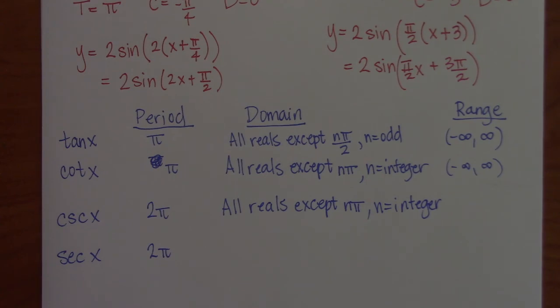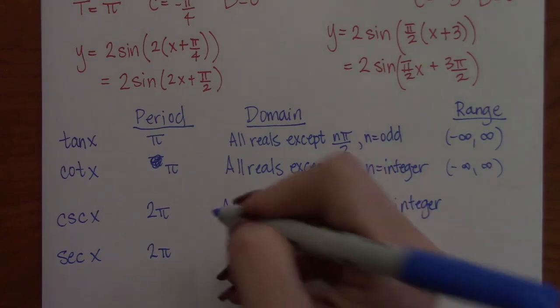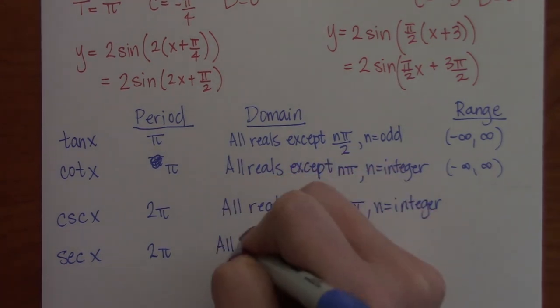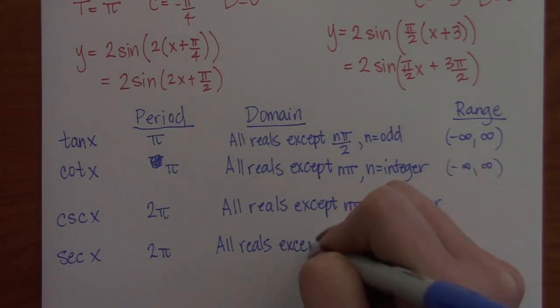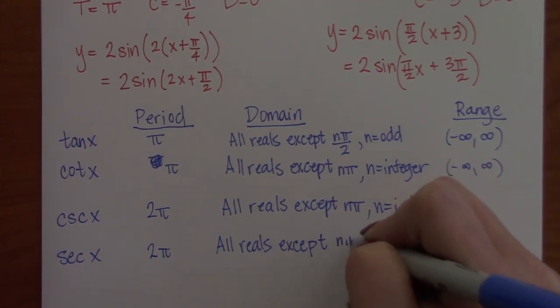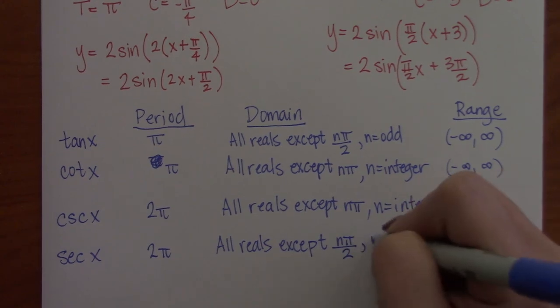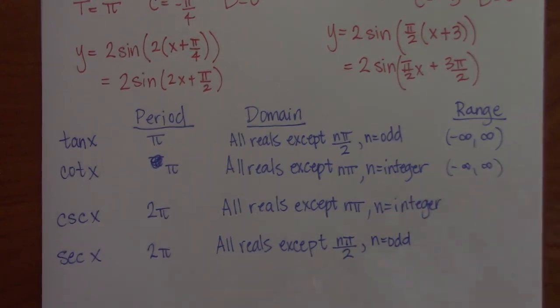And so that also means on a secant graph, it's all reals except the places that cosine is 0, and those are the odd multiples of pi over 2.